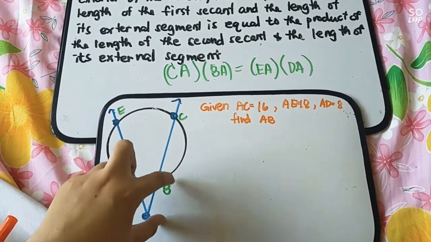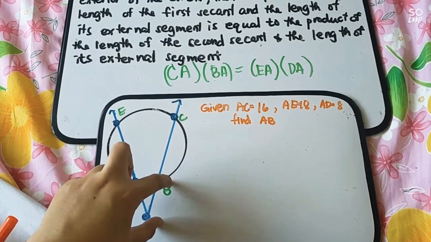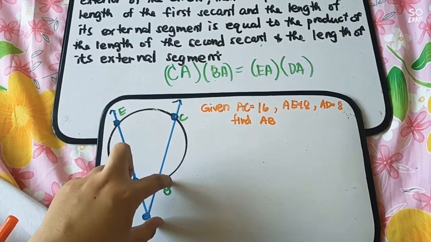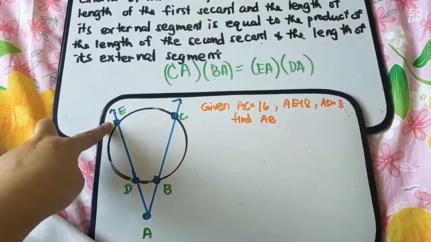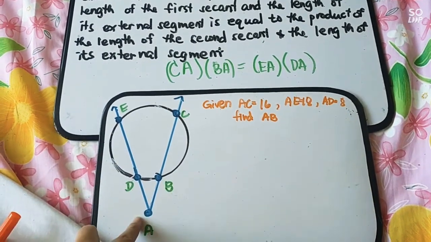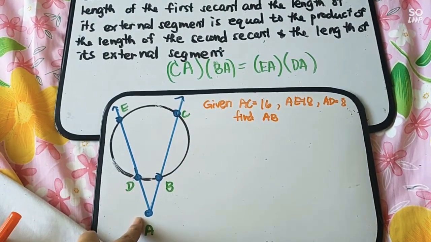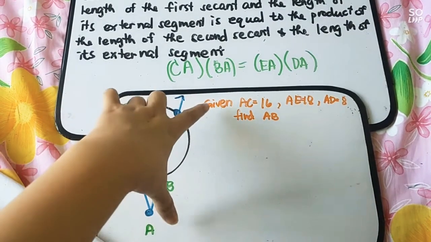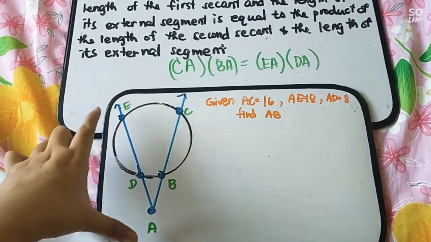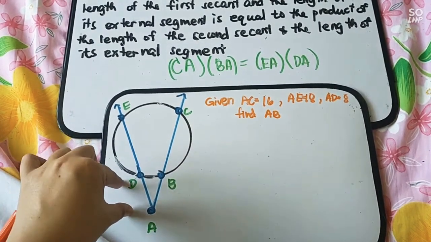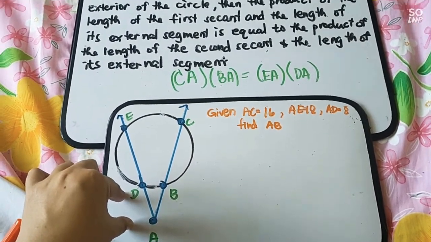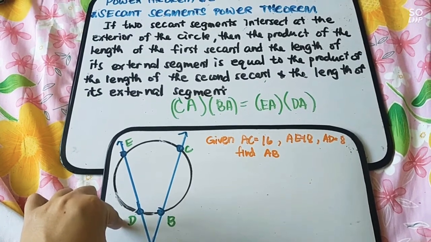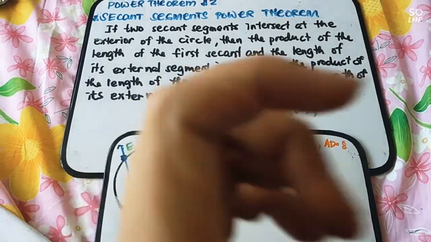This is it. Next, it is equal to the product of the second secant, which is EA, with DA. So, we have CA times BA, then we have EA times DA. Okay? So, that is our second power theorem.